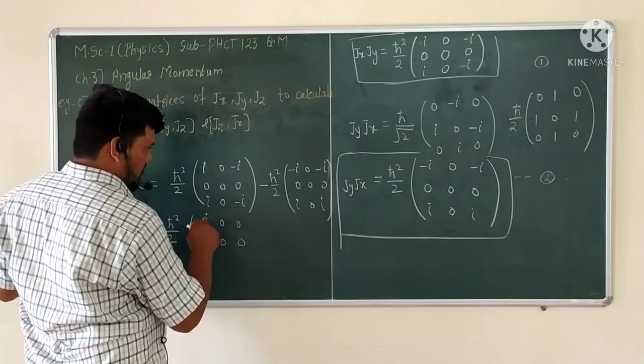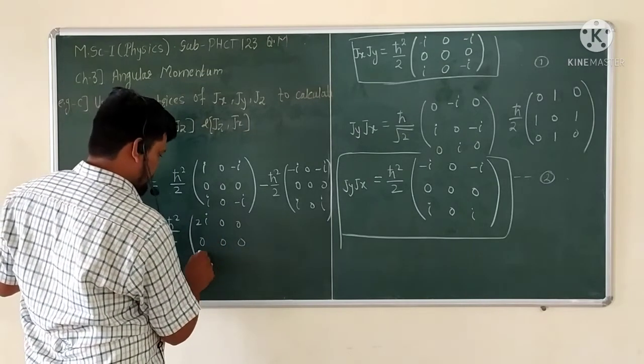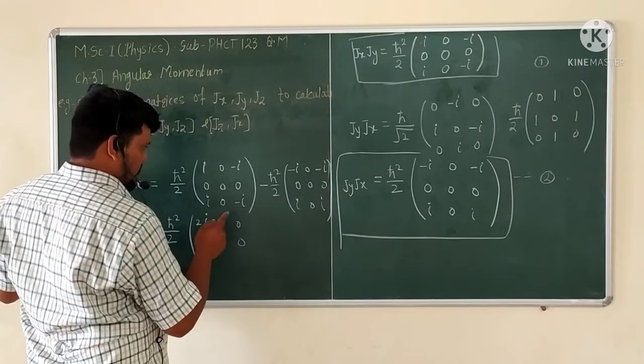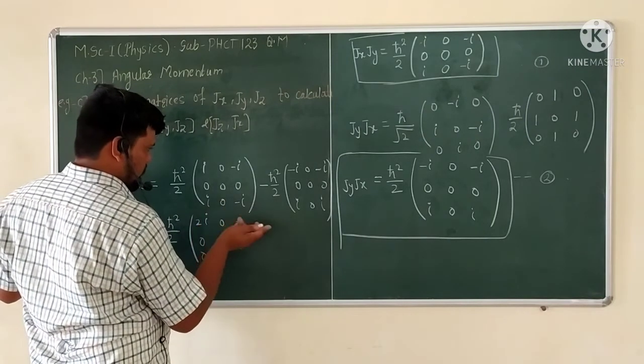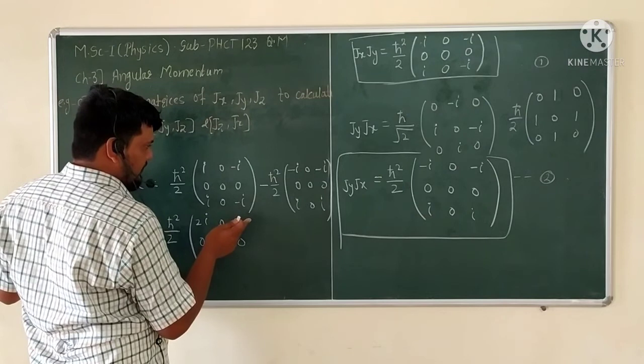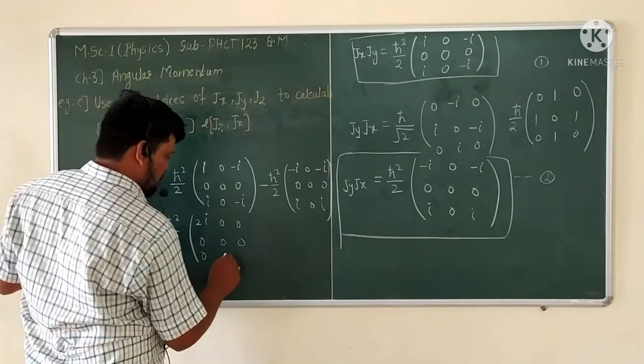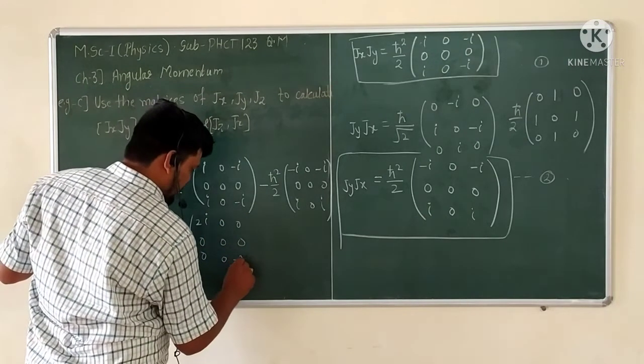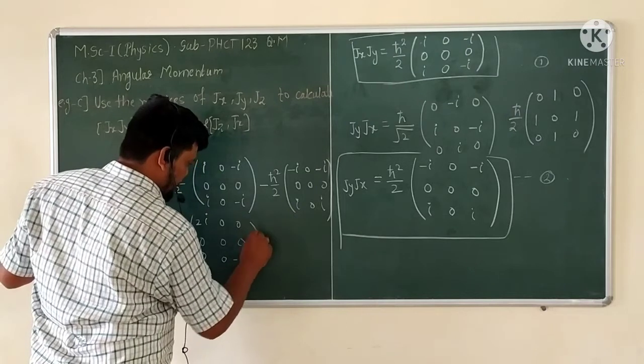Again i minus i is 0. After that 0, 0, 0, minus i minus i, so this is nothing but the minus 2i.